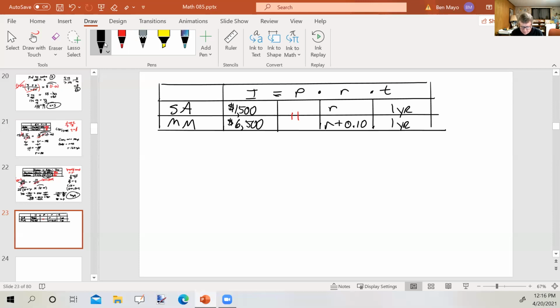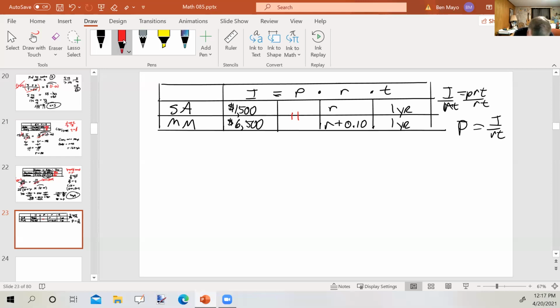Okay. All right, now, if I equals PRT, and we're trying to solve for P, we'll divide both sides by RT. So P equals I divided by RT, which again is something we did way back at the beginning of this lesson today.